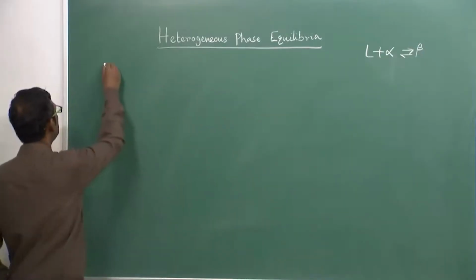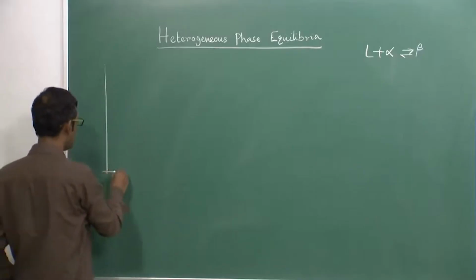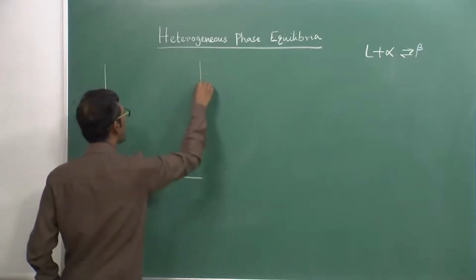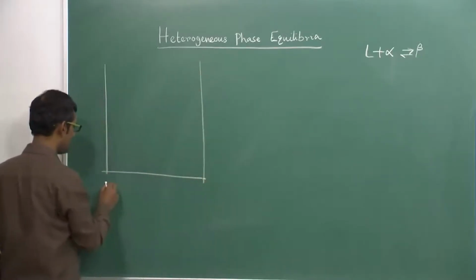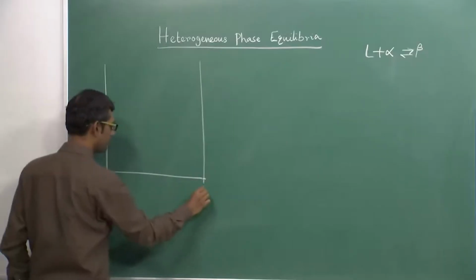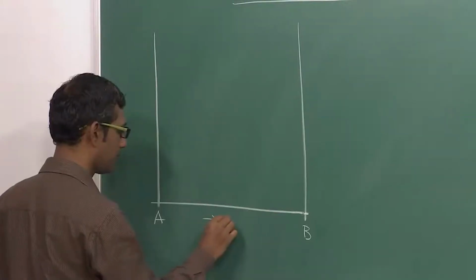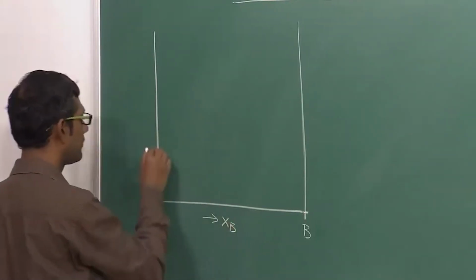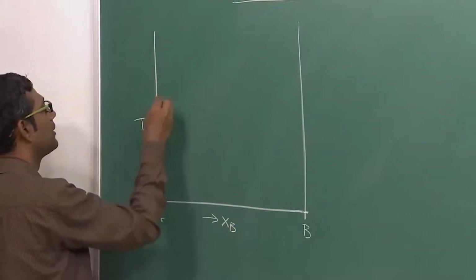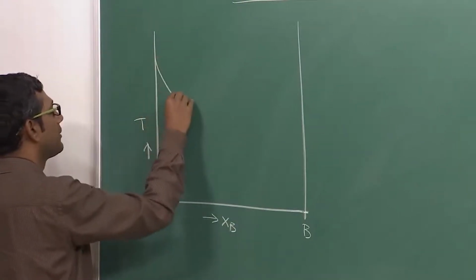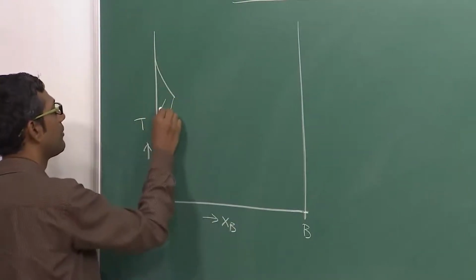So the phase diagram for such a system will look like this. First we will have a solid solution phase alpha.